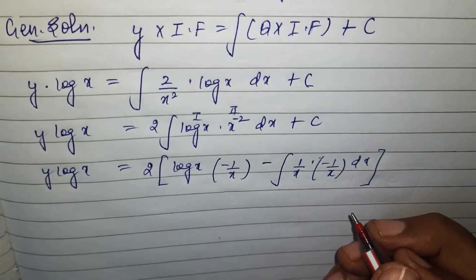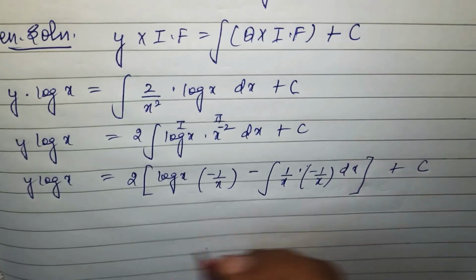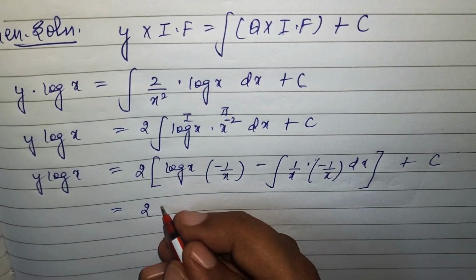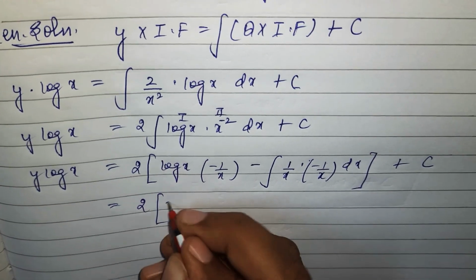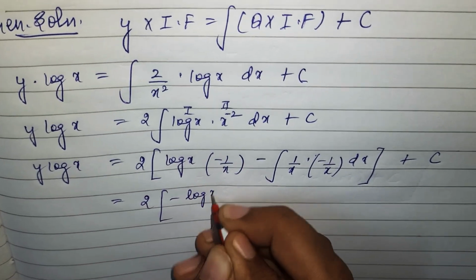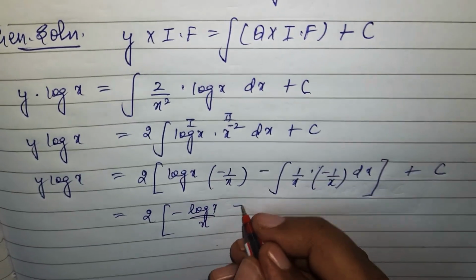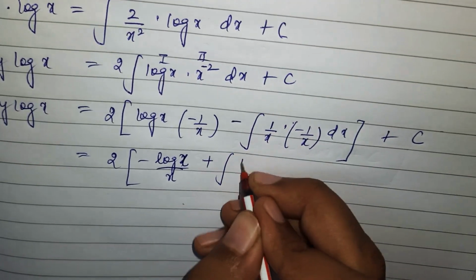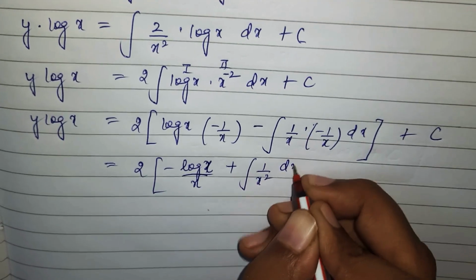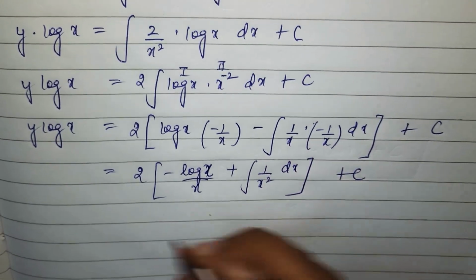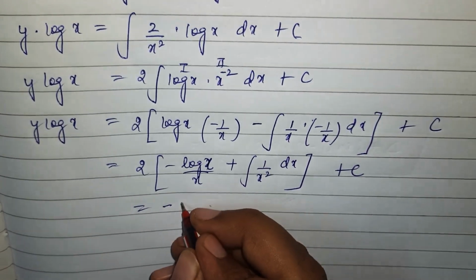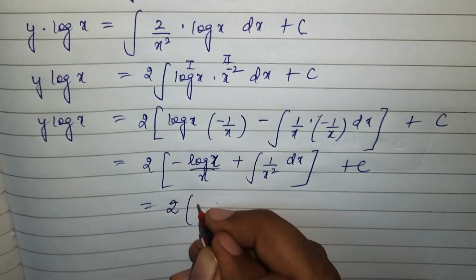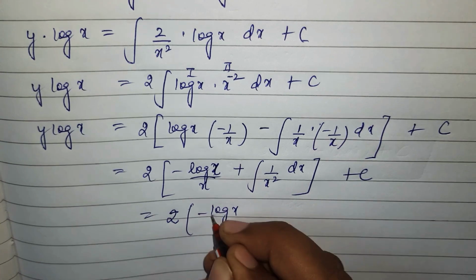So finally what I will be getting is twice of this, which will become minus log x upon x, and this will become integral of 1 upon x square dx plus c. So I am getting minus, this is 2, and this is minus log x upon x.